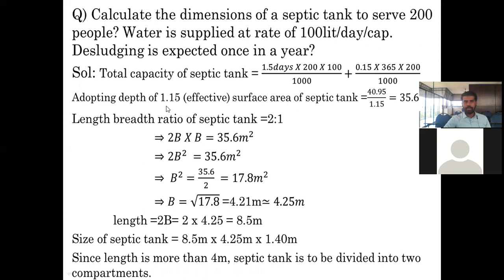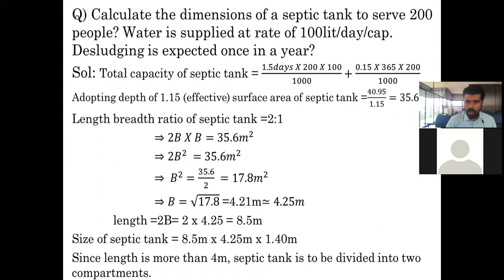So adopting a depth of 1.15 effective surface area of septic tank will be how much? The area will be, or volume will be, surface area divided by depth. That is a formula, correct? Area will be volume divided by depth.